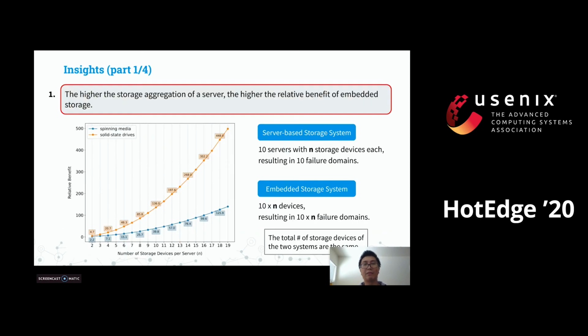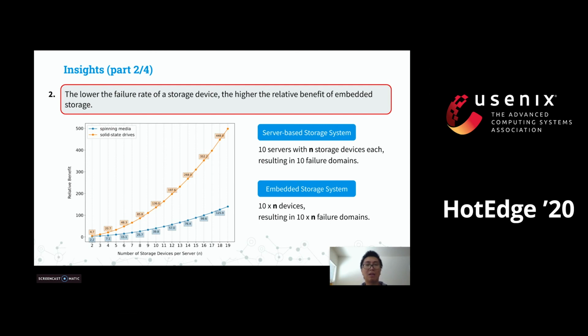To summarize what we found in the evaluation, we have the following 4 insights. The first one is the higher the storage aggregation of a server, the higher the relative benefit of embedded storage. As you can see, no matter which kind of storage media, the relative benefit increases as the number of storage devices per server increases.